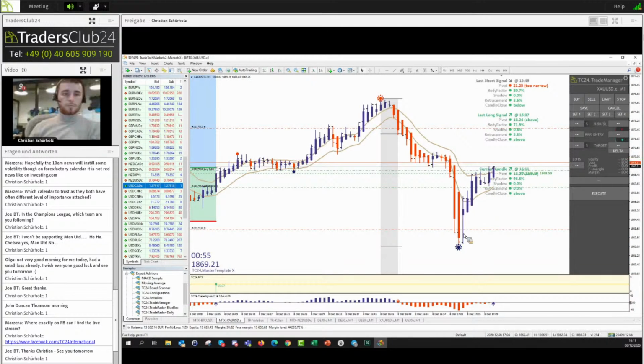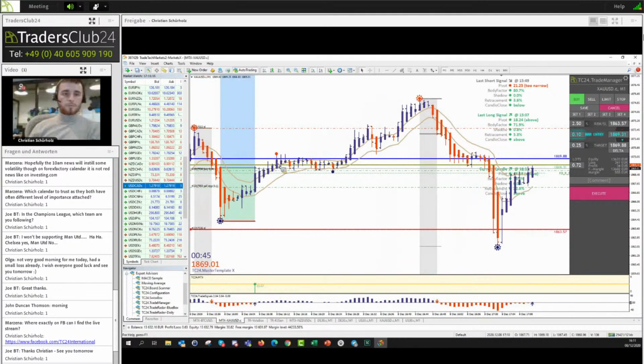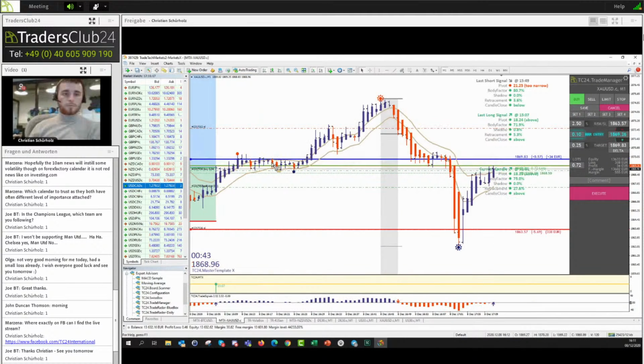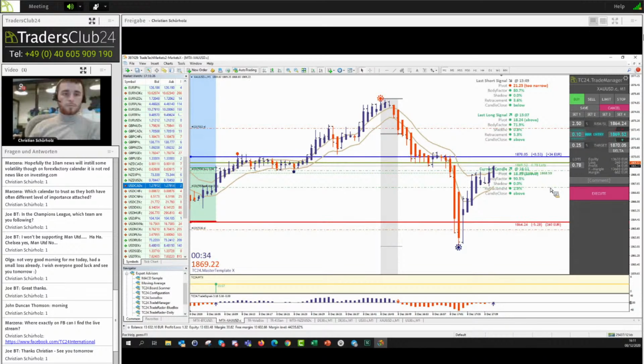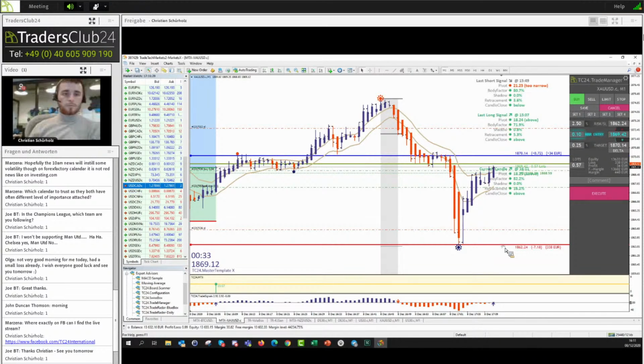Gold coming back in for this, setting itself up again. We've got a well-defined candle here. This continues to be the case. As you can see, we've got a bit of a balance area here where we're entering. So normally we would move our stop loss to the last sun.